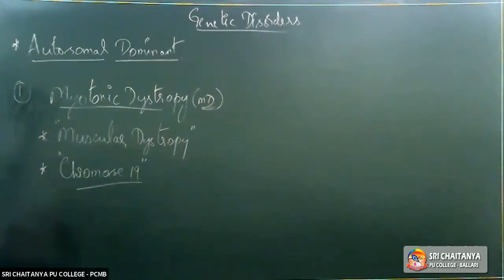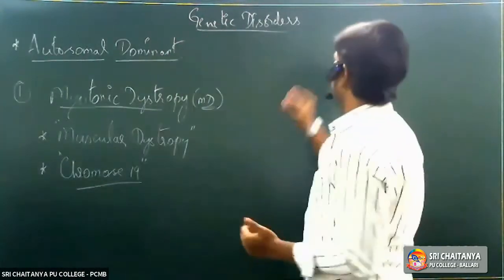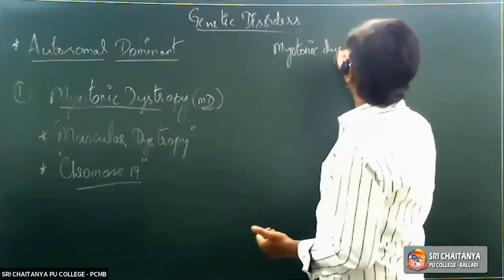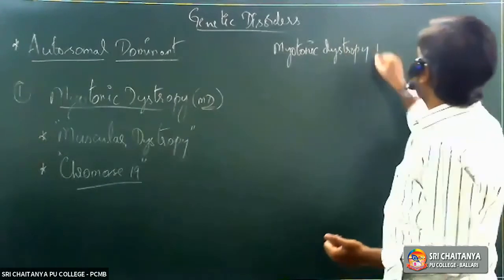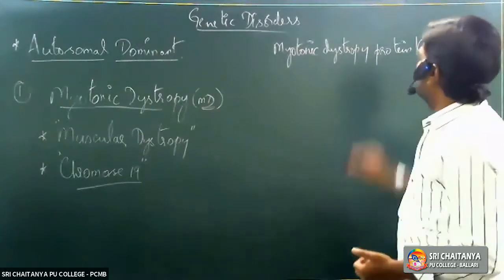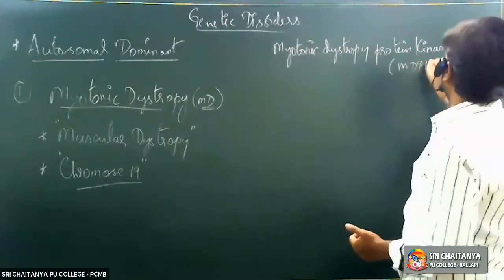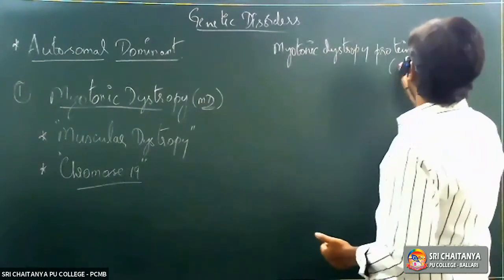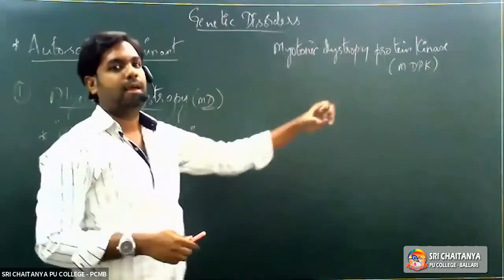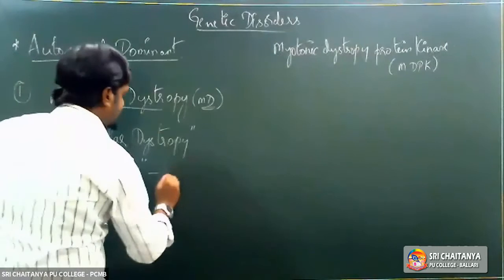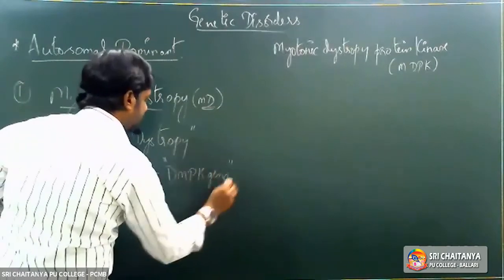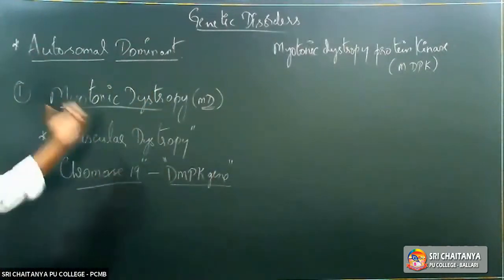That gene is responsible for synthesizing a protein called myotonic dystrophy protein kinase. In simple terms, we can call it MDPK. So this is the protein that is actually synthesized. The gene responsible for the synthesis of this protein gets mutated, and we call that gene DMPK. So this gene, located on chromosome number 19, is getting mutated.